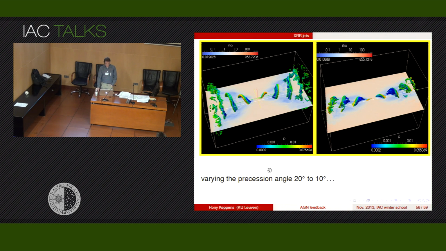For SS433, we know very well that the angle between the rotation axis and the jet axis is 20 degrees. So there's little reason to change it, except that the jets from SS433 also happen to interact further out with a supernova remnant, and recent work has actually shown, on the basis of hydrodynamical simulations, that the morphological patterns you see as this jet interacts with this further out supernova remnant are more in line with a 10-degree opening angle, okay?